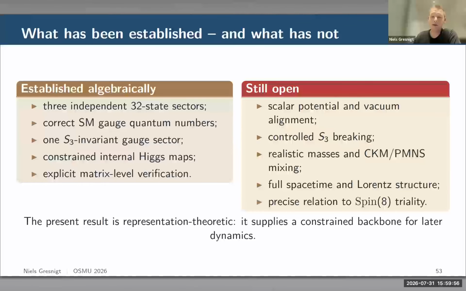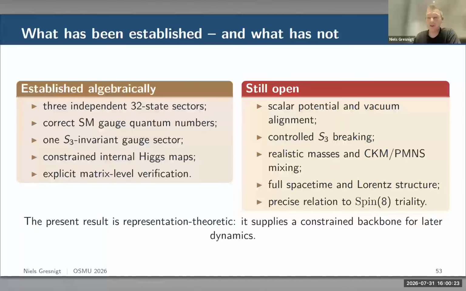The other thing that I'm interested in doing next is trying to see if I can use this S3 symmetry as a flavor symmetry, and see if it has anything to say about flavor symmetry. These ideas already exist in the literature, where people take an S3 group as a flavor symmetry.